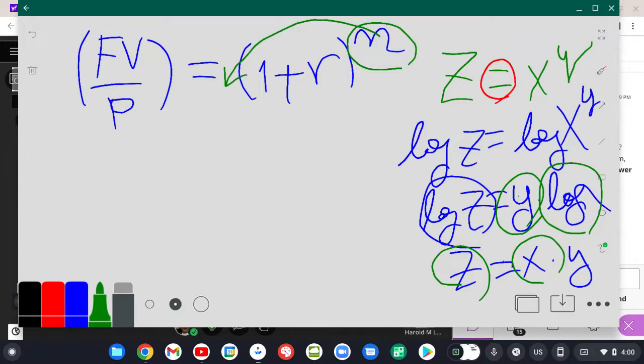So then we can solve for it. Z divided by y will give you x. That's one thing. By taking the log, we can turn the power function into a multiplicative function.